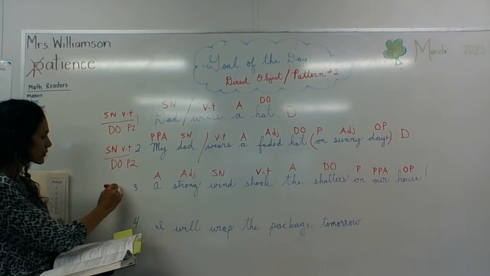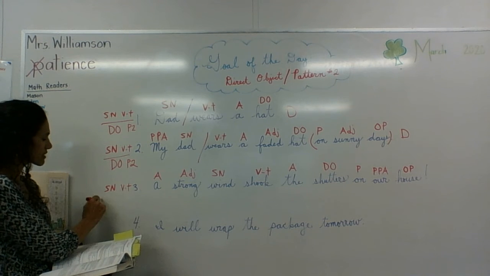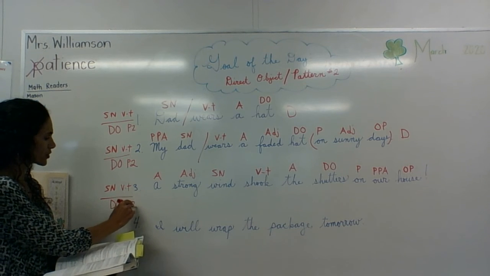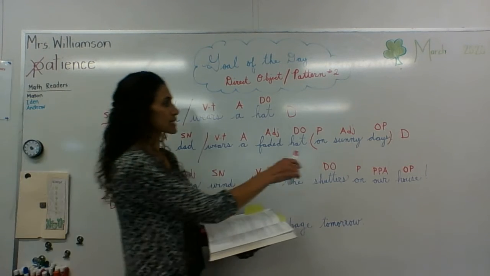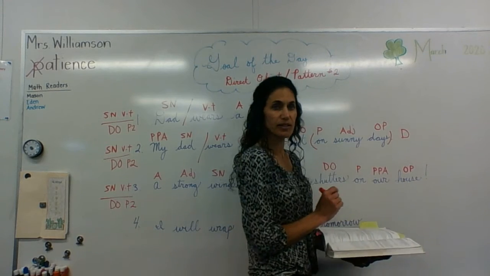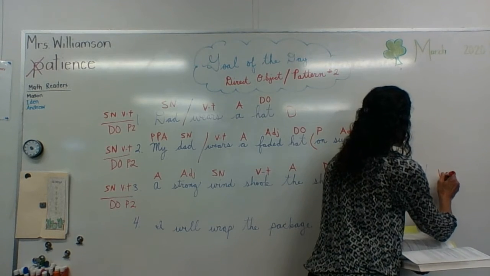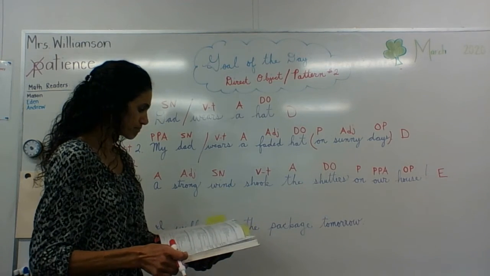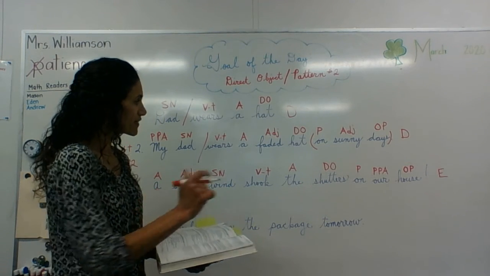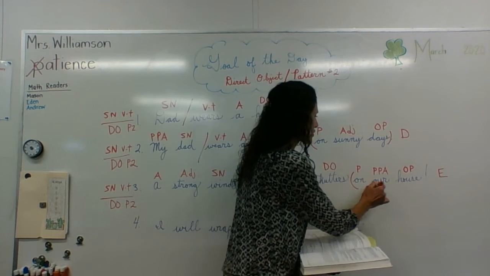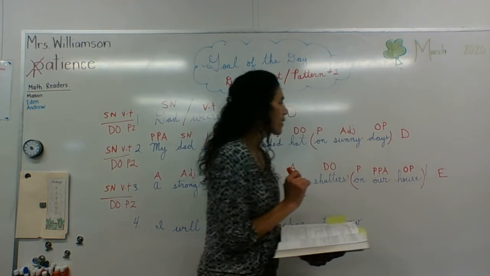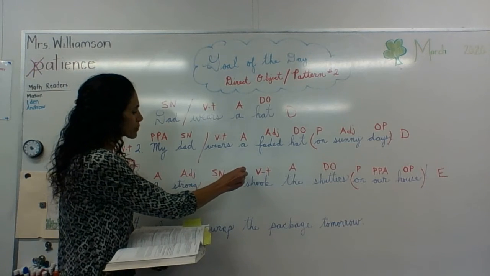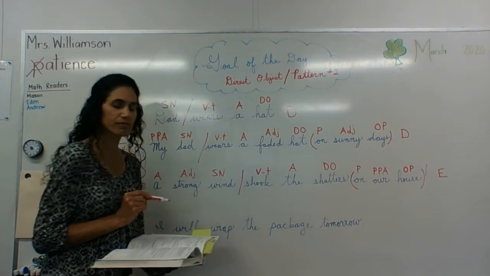Subject, noun, verb transitive, direct object, pattern 2. Exclamation mark. Exclamation. And then on, preposition. Go back to the verb, separate the complete subject from the complete predicate, and you're done.